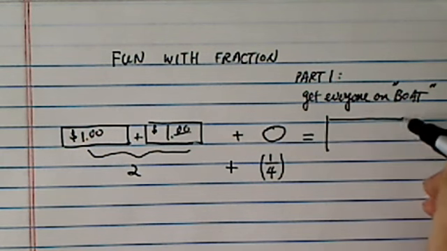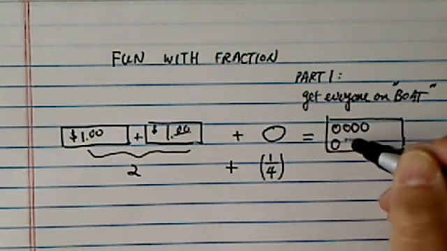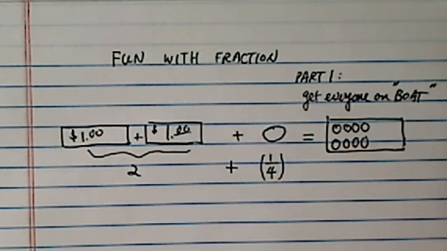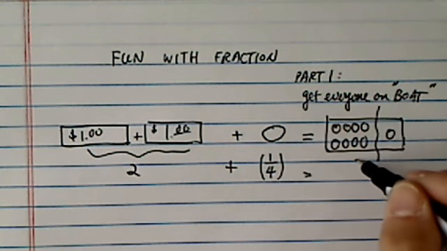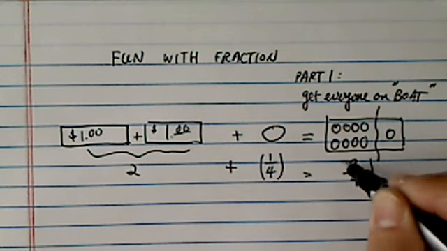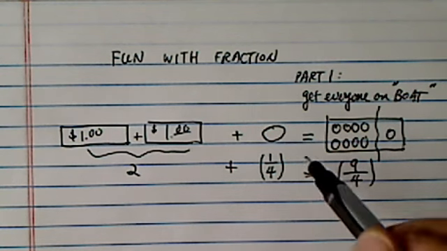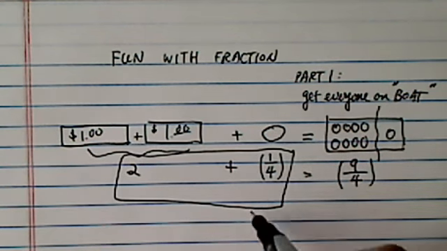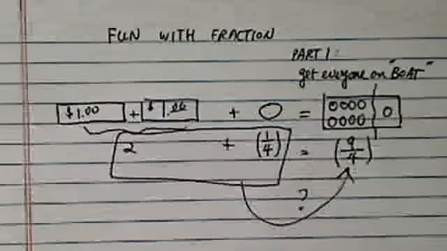Well, we know that each quarter is 25 cents. So $2, I have 8 quarters, and plus the one I give you, you will have 9 quarters. Everyone knows that. But how on earth do I go from here to there using math? That's what we want to talk about today.